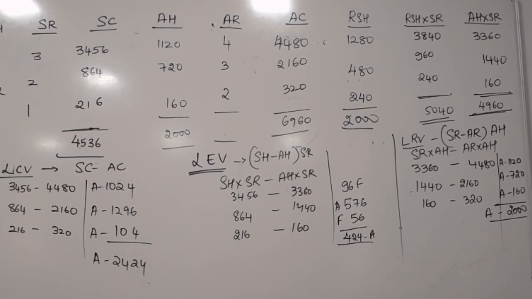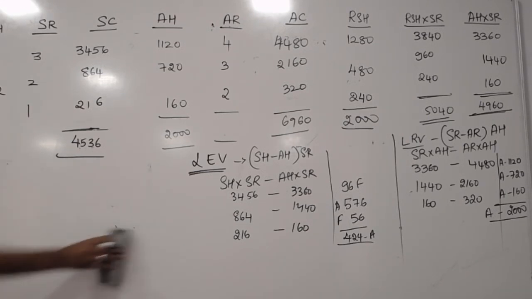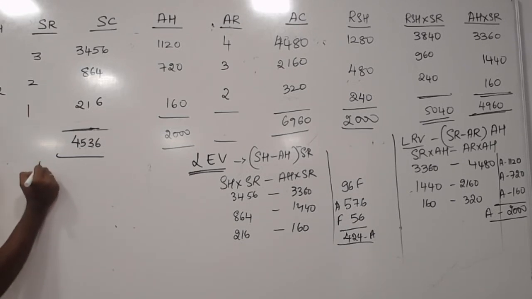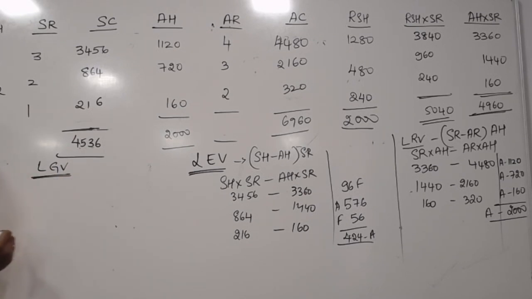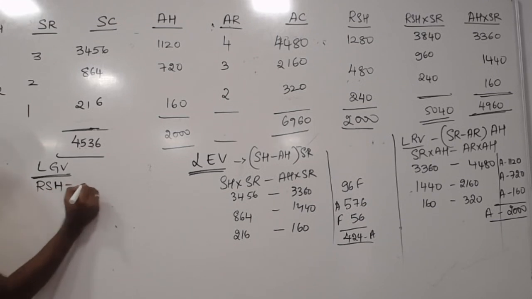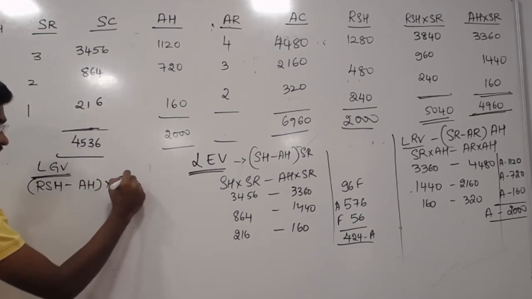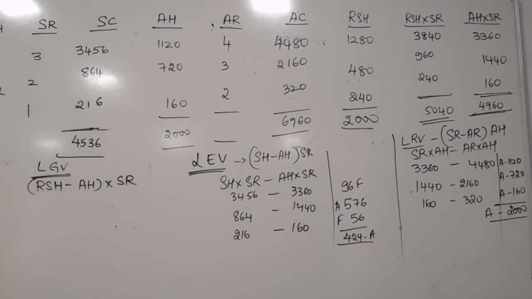So I'll erase this labor cost variance. What did I say labor gang variance will be? RSH minus actual hours, standard.